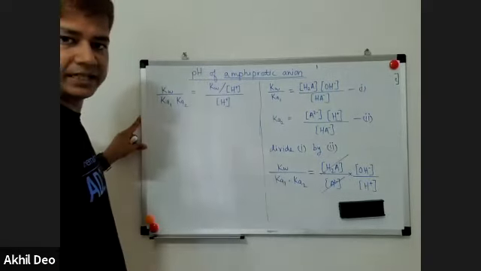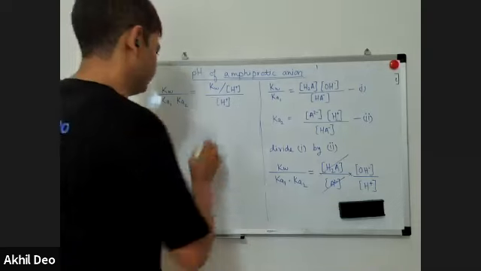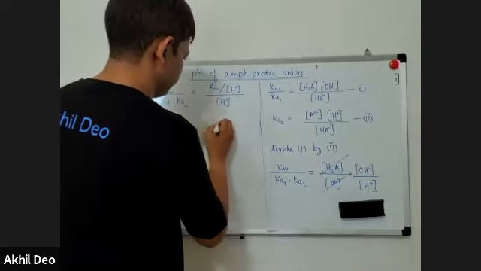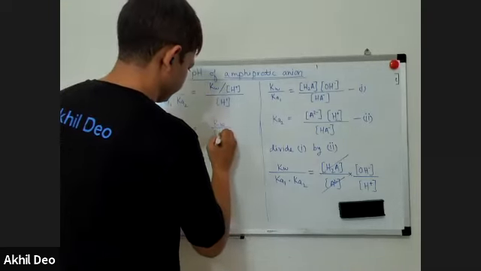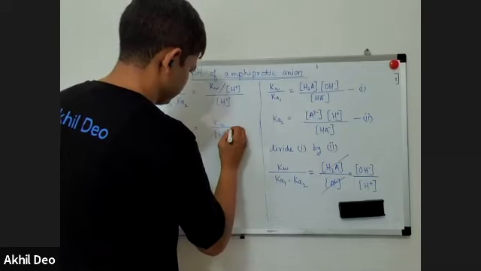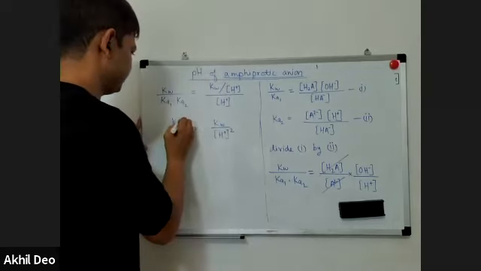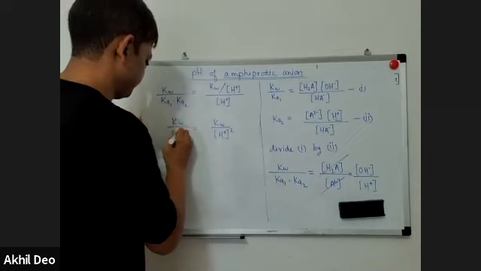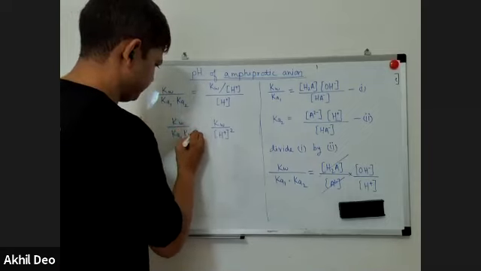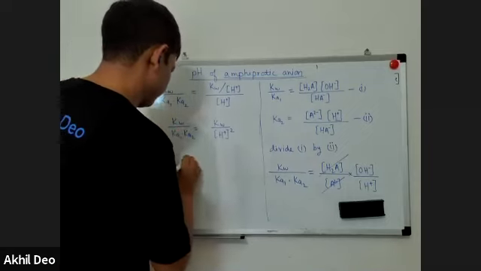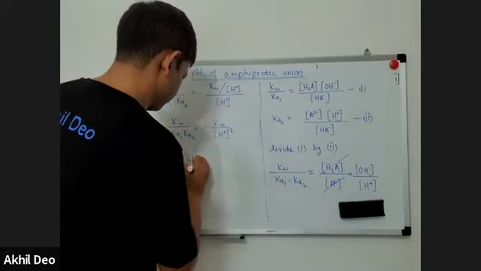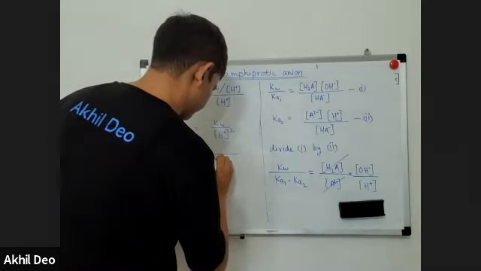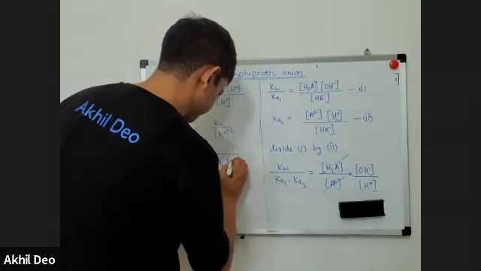So this becomes Kw upon H plus whole square, which is equal to Kw upon K1 into K2. From here we get concentration of H plus is square root of K1 into K2.